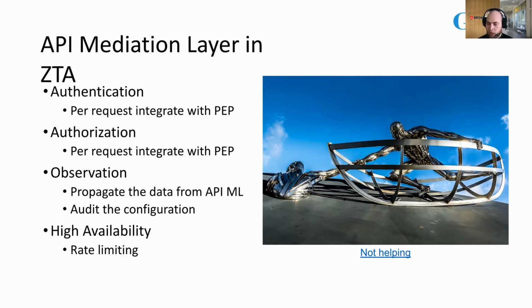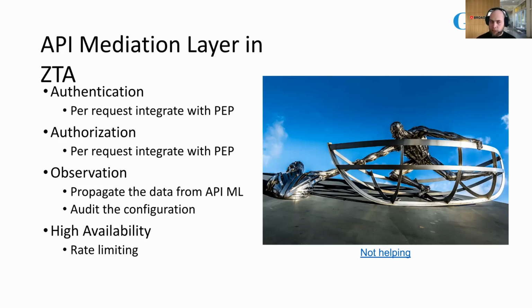The same applies for the authorization. It's possible to get to a place where every request, before it passes through, will consult something else. Right now, we are usually consulting ESMs as part of the authentication, but once you have some specific policy enforcement point service, it's possible to integrate it with the mediation layer.